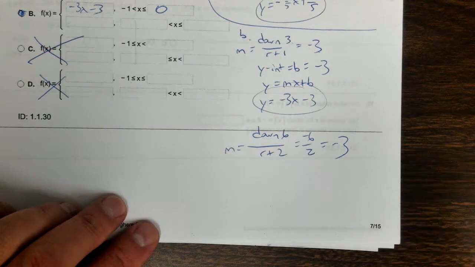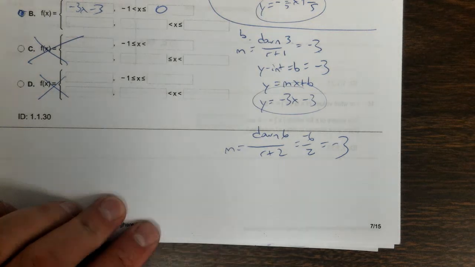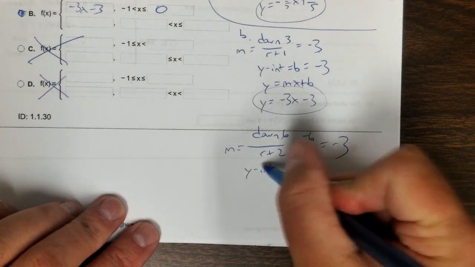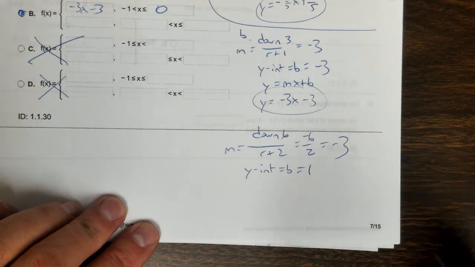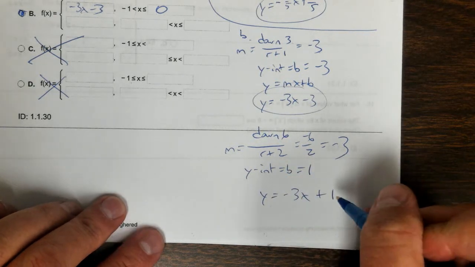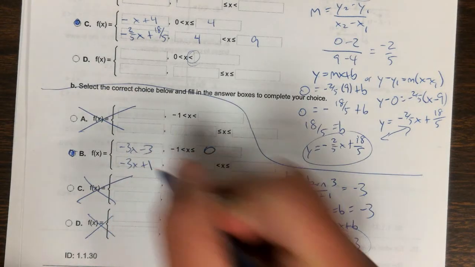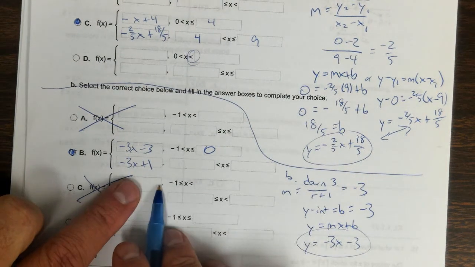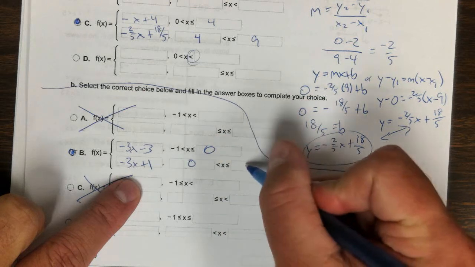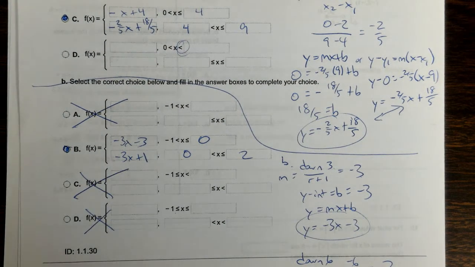And let's see, we know our y-intercept is 1 from the graph. So that'd be y equal -3x plus 1. And that one goes from 0 to 2. Like that. Okay, so that's number 13.